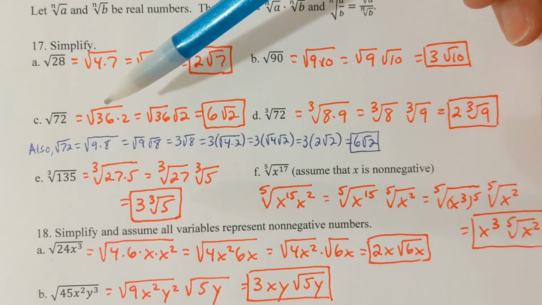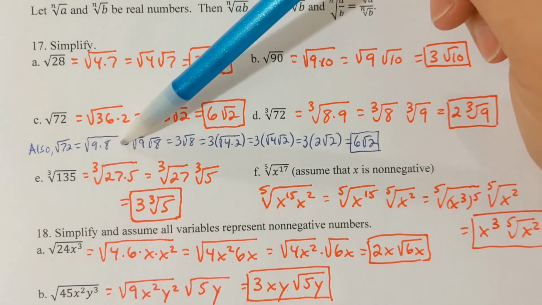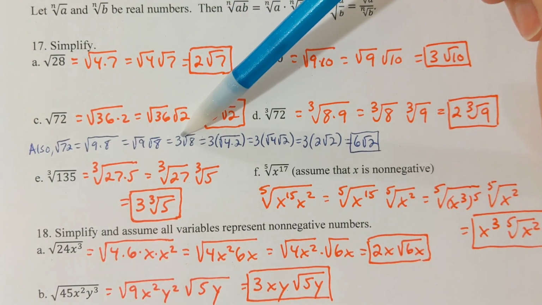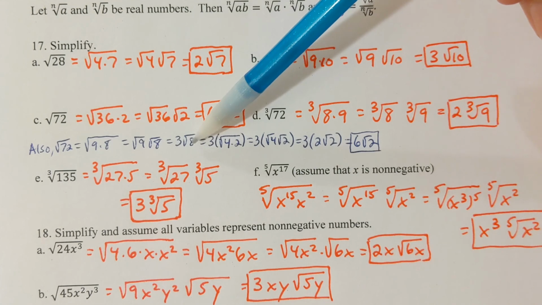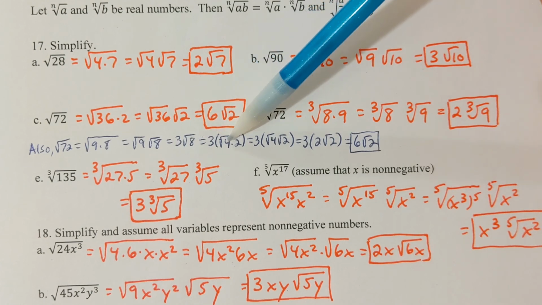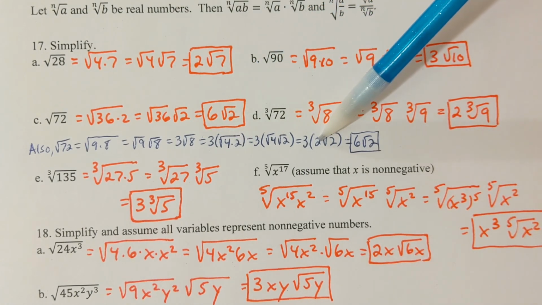Now, other numbers multiply to be 72, like for example, 9 times 8 is 72. Now we know that the square root of 9 is 3, but there'd be a problem in that the square root of 8, the leftover here, is going to break down further. Like 8 is the same as 4 times 2, and we know the square root of 4 is 2.